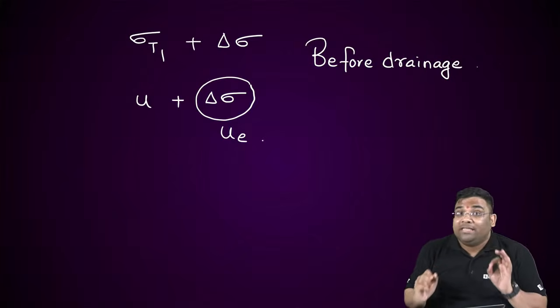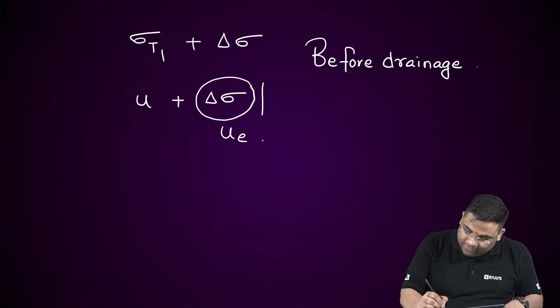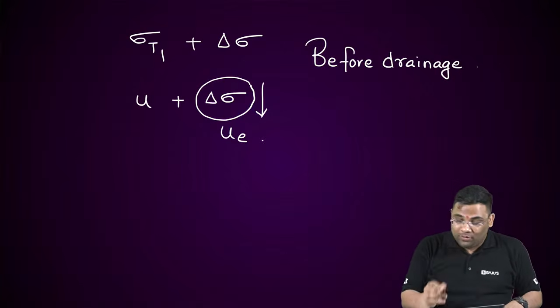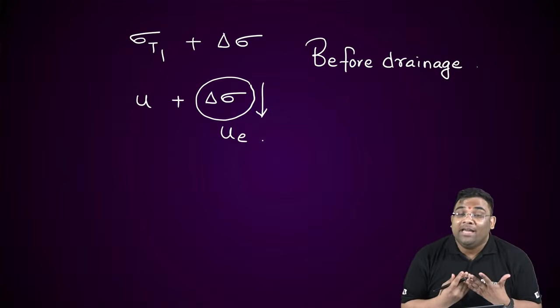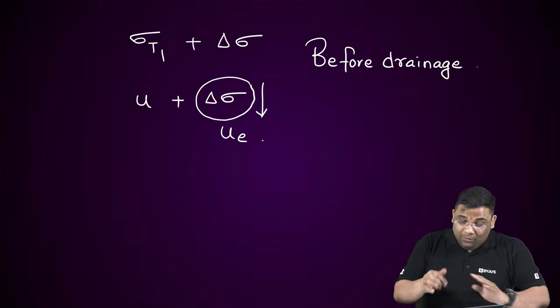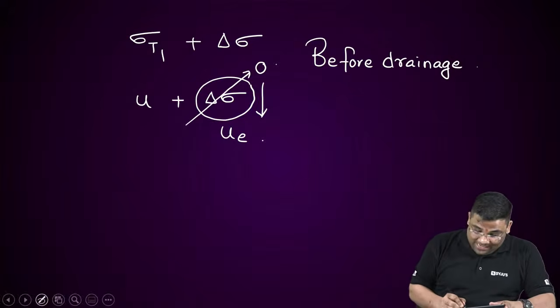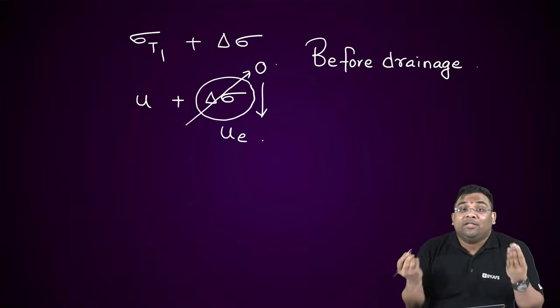Now the load is taken by water. But if you allow the drainage, this excess pressure reduces. Why? Because now the load is transferred to the soil particles. Now this becomes zero, and the additional stress is taken by the soil particles.